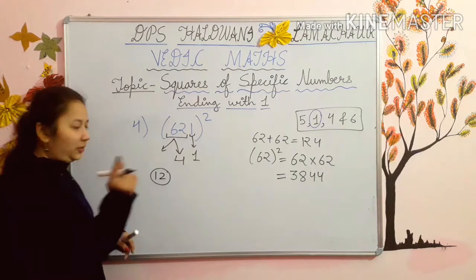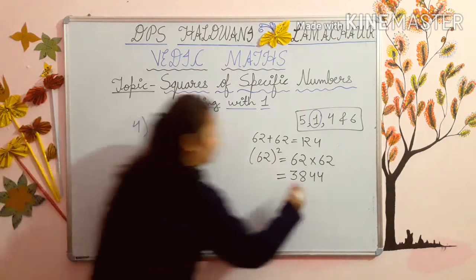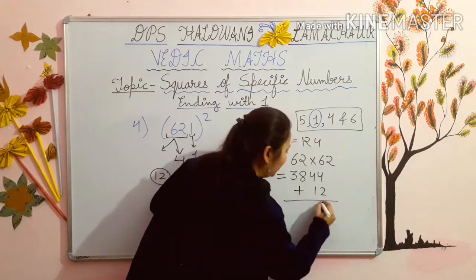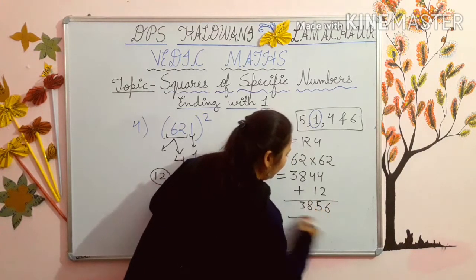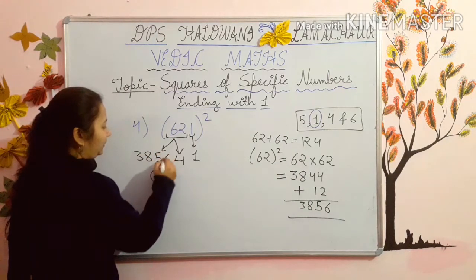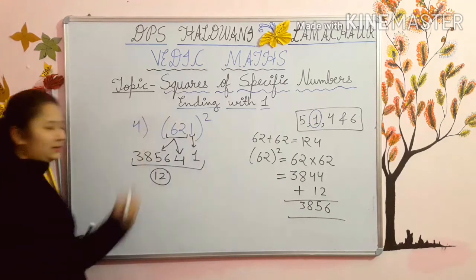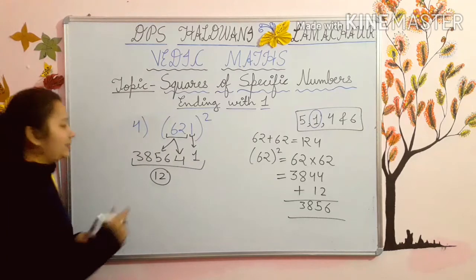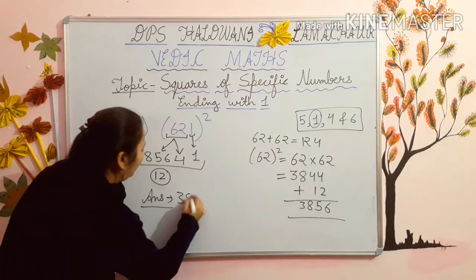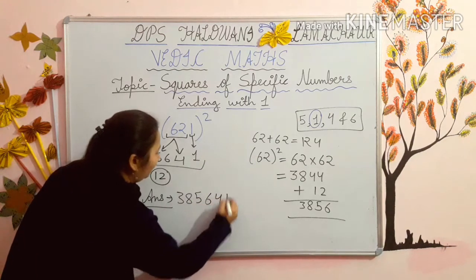Now 3844 plus 12. 4 plus 2, 6; 4 plus 1, 5; 8; 3. 3856. And this is your answer. Combine all the digits. Your answer is 38561.